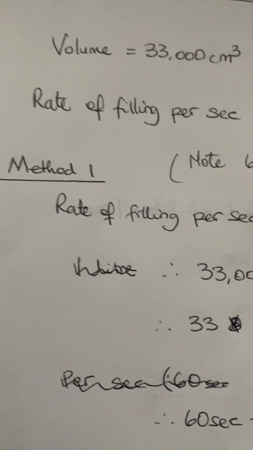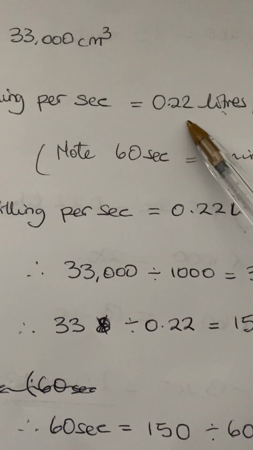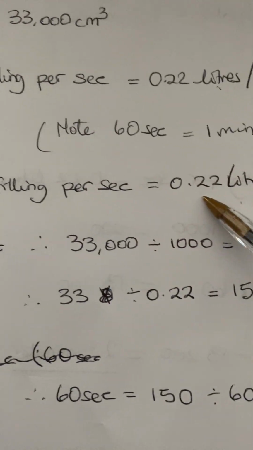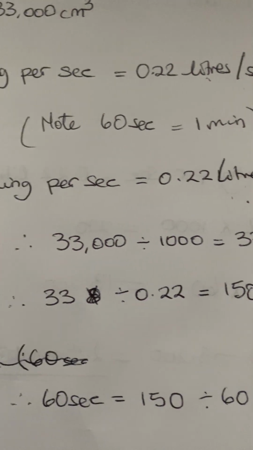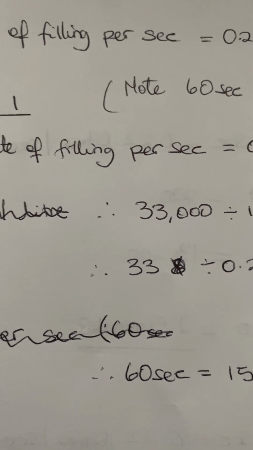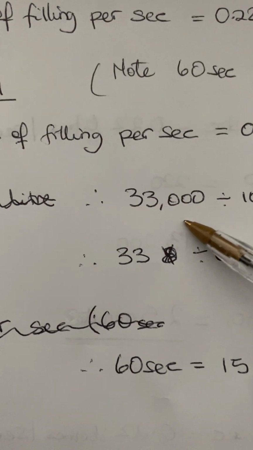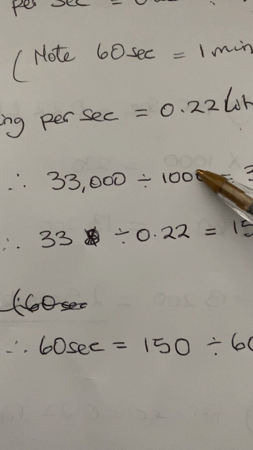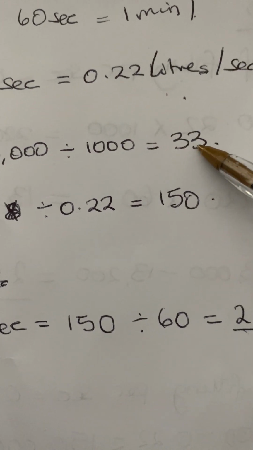So if the rate of filling per second is 0.22 liters, and a liter is 1,000, the volume of the tank divided by 1,000 will be 33.